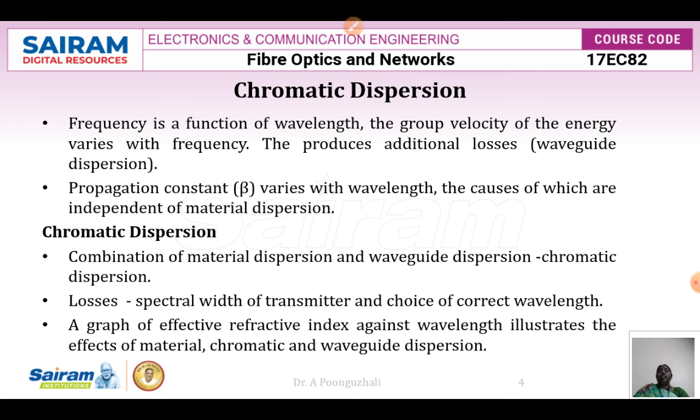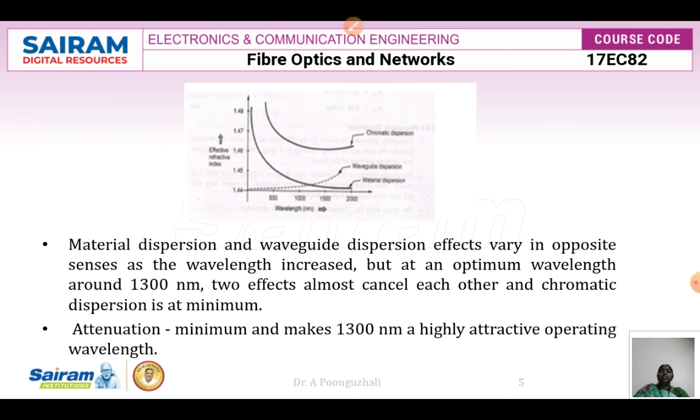Now we will see the graph of effective refractive index against wavelength. Here you have a graph showing material dispersion and waveguide dispersion against wavelength. You can see that the material dispersion and the waveguide dispersion effects vary in opposite senses as the wavelength increases. At the optimum wavelength of 1300 nanometers, the two dispersions cancel each other out and we have the minimum effect.